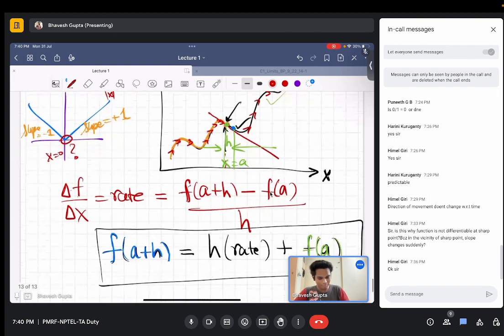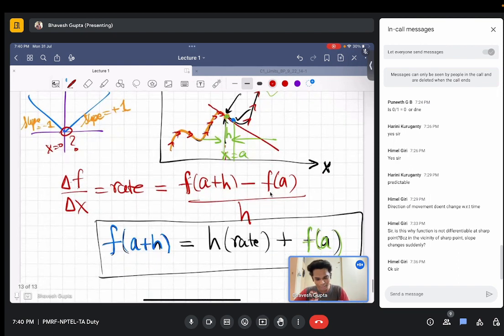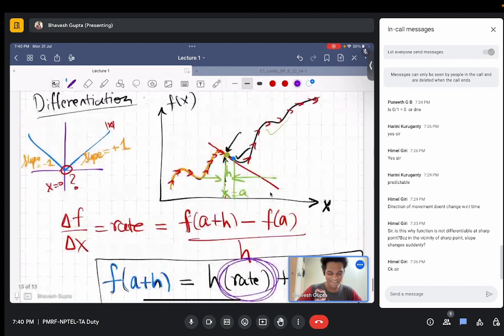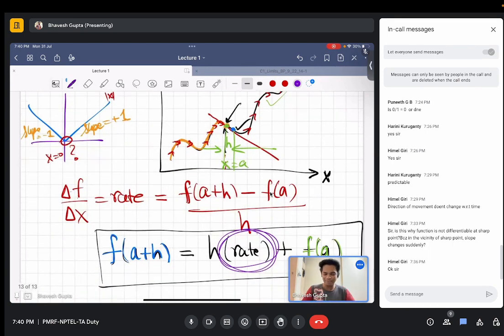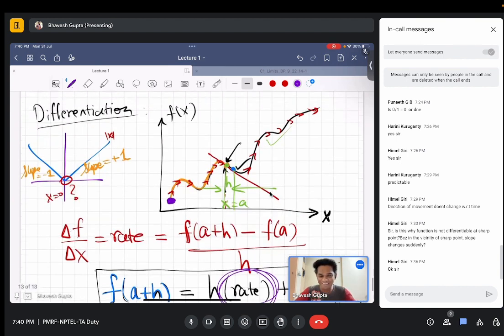But the problem is that you need to have prior knowledge of rates in order to do that, right? Because what I'm saying is that you need to know the rate at each and every point. With the knowledge of the rate and the initial point, this is my initial point, right? If you know this initial point and if you know this rate, you can basically create a whole trajectory without doing the experiment.